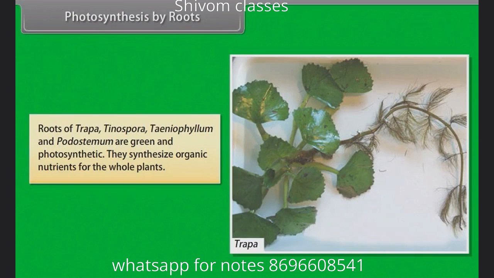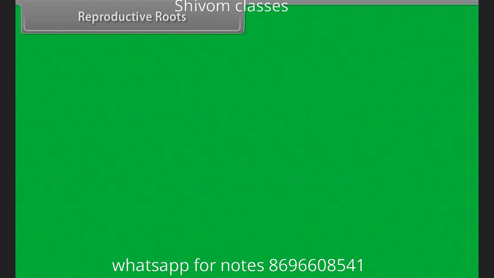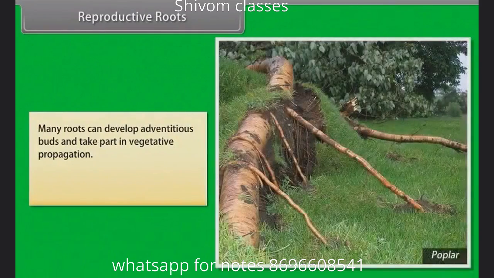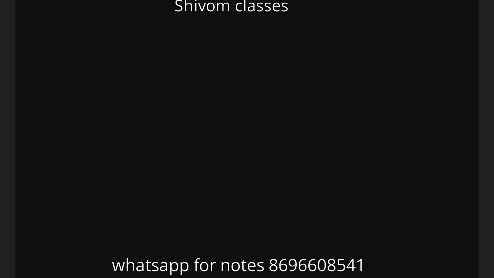They synthesize organic nutrients for the whole plants. Reproductive roots. Many roots can develop adventitious buds and take part in vegetative propagation. Example: poplar, Dalbergia, dahlia, sweet potato.